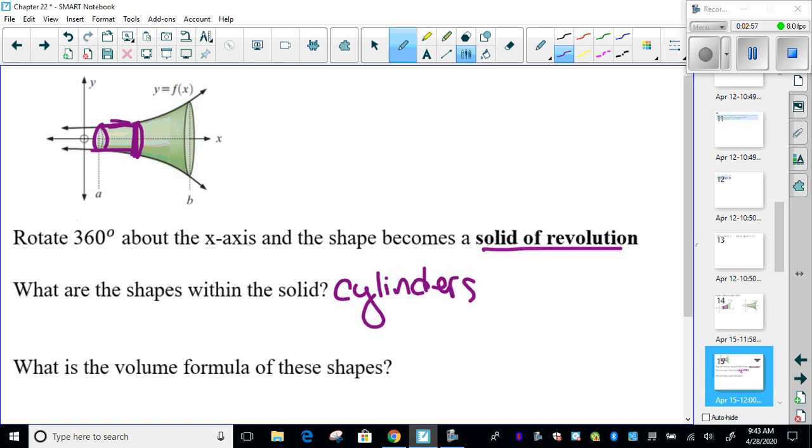Since we're making that horizontal piece incredibly tiny, what we're actually doing is finding the volumes, using the areas of circles.